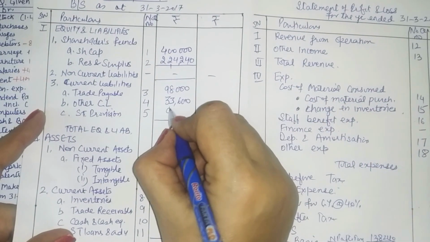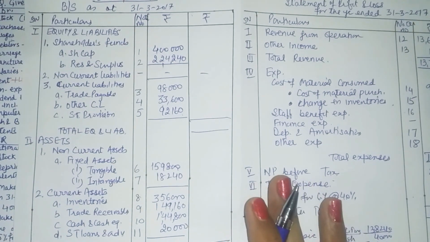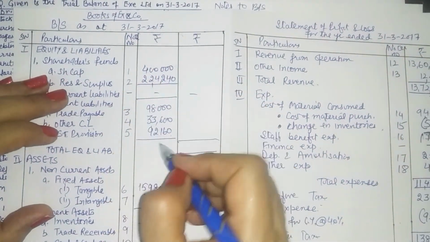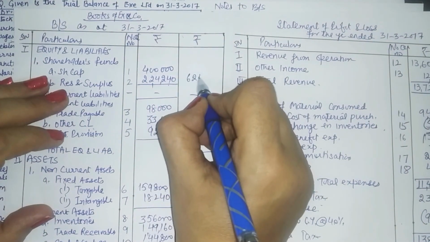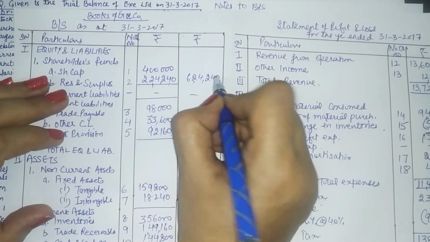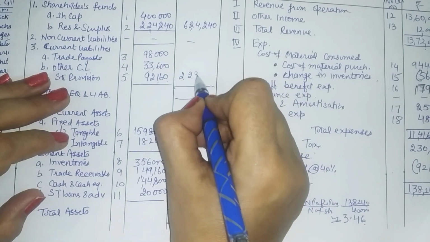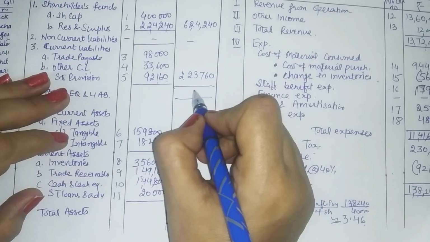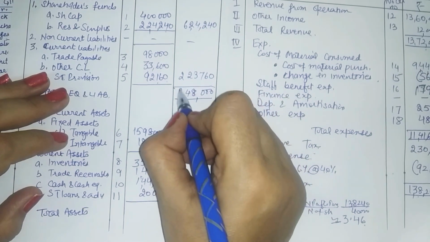92,160. So now we can total up the balance sheet amounts. The total of the first category is 6,24,240. The total of the second category is 2,23,760. So that makes a total of 8,48,000.